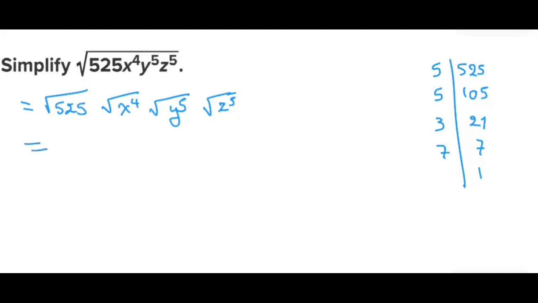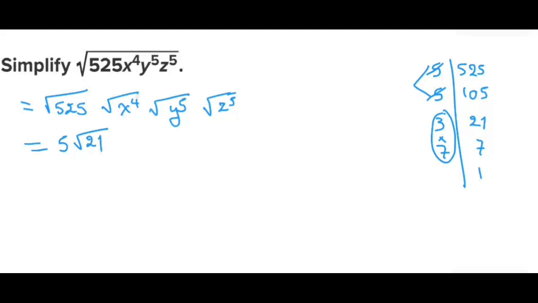So 525, from each two factors that are alike each other, I cross them and I take one of them, and what remains inside the square root is 3 times 7. So 3 times 7, that is 21 under the square root. So this is the square root of 525.